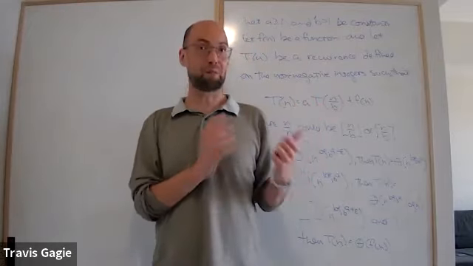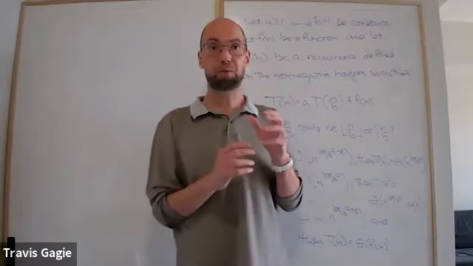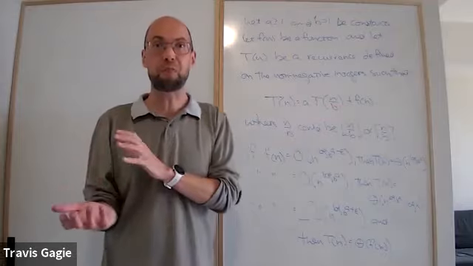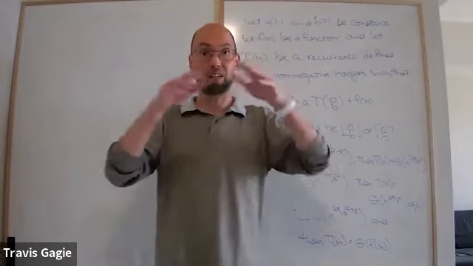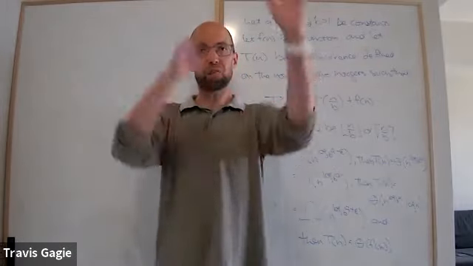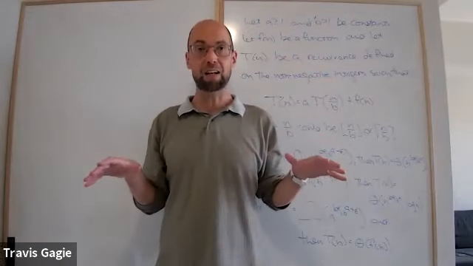So A and B don't have to be the same. I'm cutting it into subproblems of size about a bth of the original problem, and I'm cutting into A of them. So you think of this as a tree where your branching factor is about A.